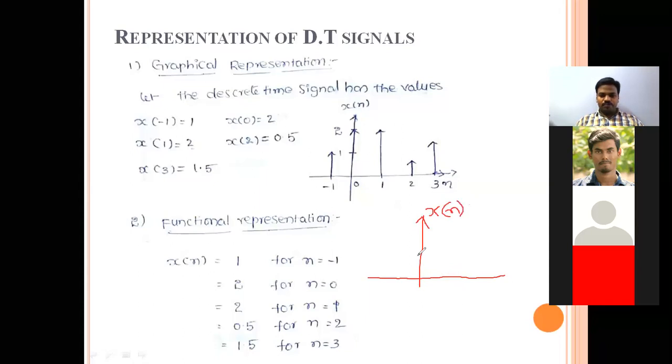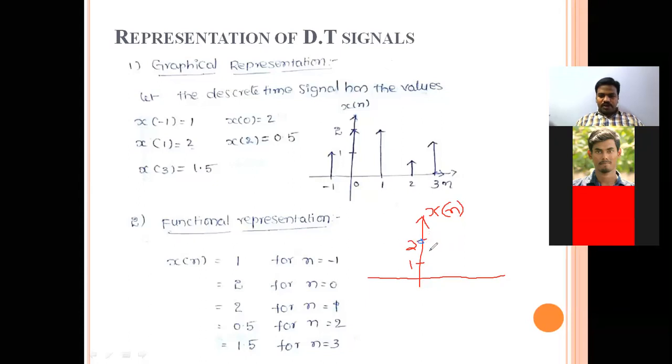Now see here, this is amplitude 1 and this is amplitude 2. At x of 0, the amplitude of x of n is given by 2.